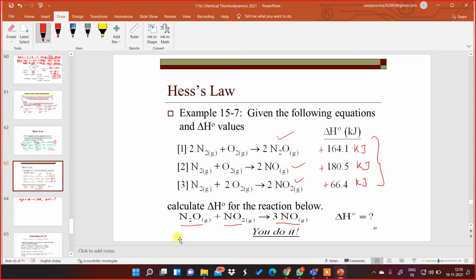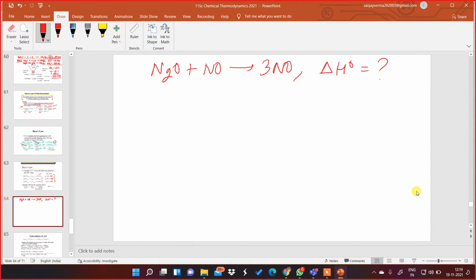So that is coming to how much? N2O, so the delta H of formation of N2O is coming to 82.05 kilojoules.